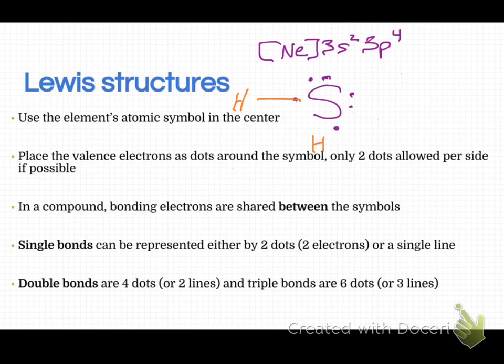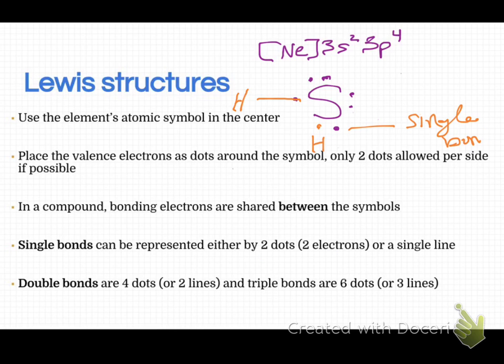So the orange dot is going to represent the hydrogen's electron, and the purple dot represents the sulfur electron. So these are examples of single bonds. So that's a single bond, meaning that only 2 electrons are involved.